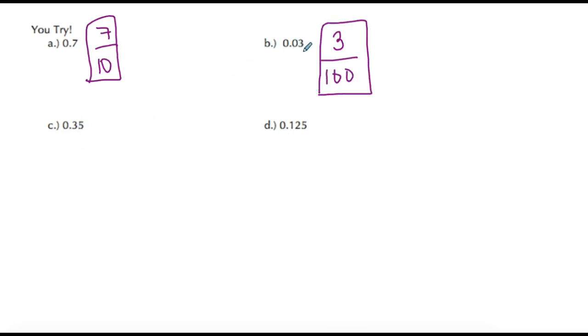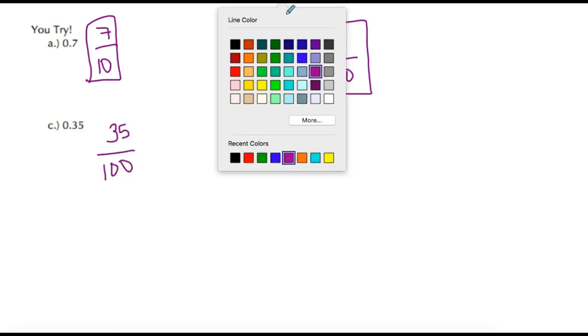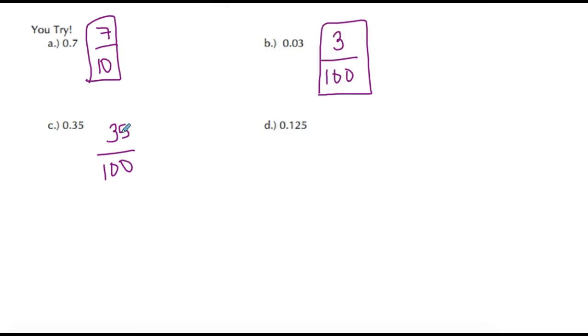Similar to B, where there's 2 decimal places and my denominator is 100, here I'm going to get 35 over 100. I need to reduce that. So what number goes into 35 and 100? 5. So 35 divided by 5 is 7. 100 divided by 5 is 20. And because that does not reduce, that's my answer.